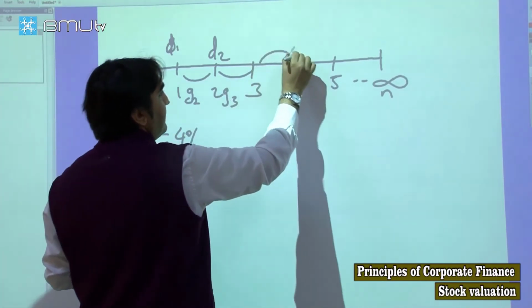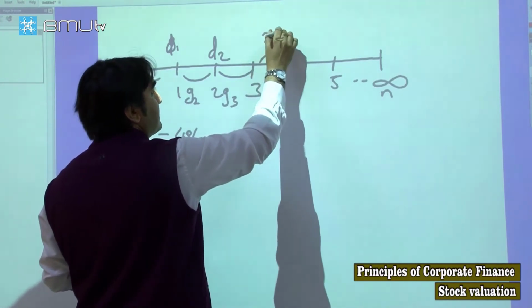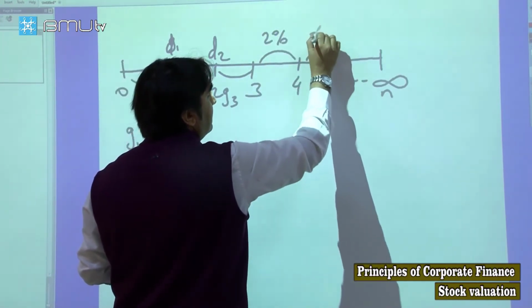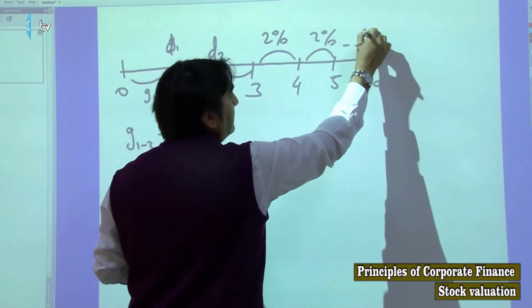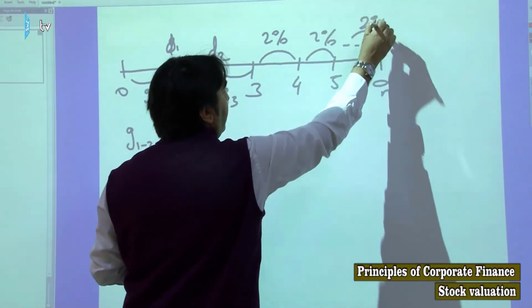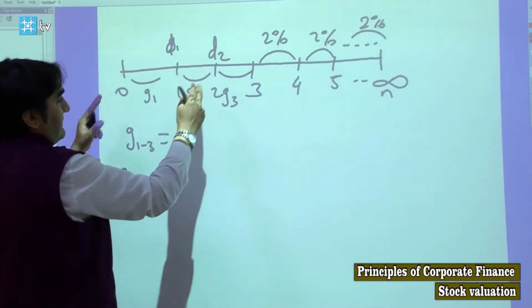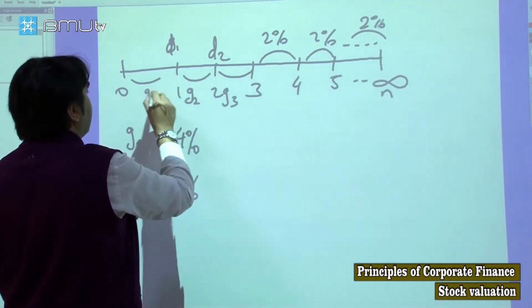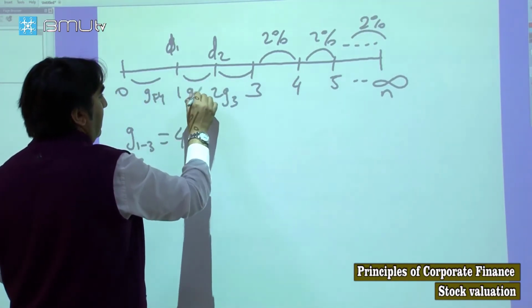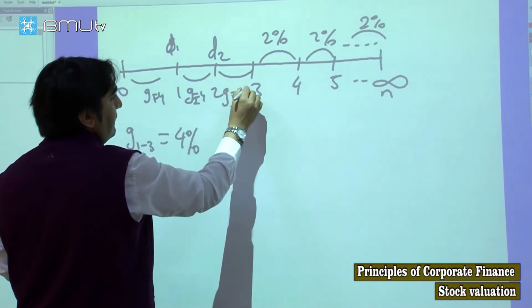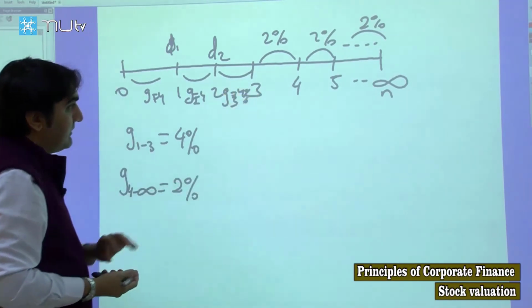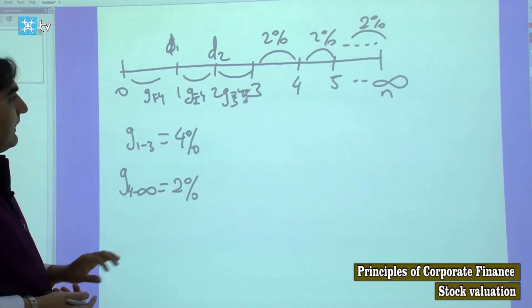Starting from this period, it is 2%, 2%, and 2% forever. So these periods are 4%, 4%, 4%, and this period is 2%, and 2% goes forever.